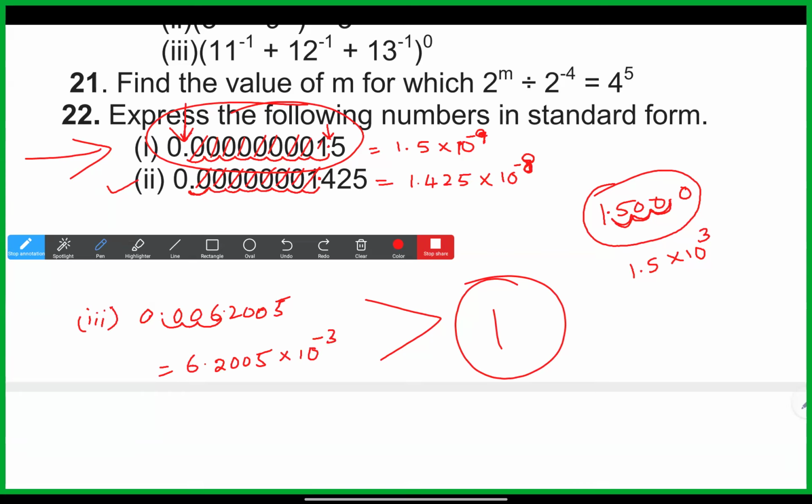Bigger numbers, that is numbers greater than 1, you'll get positive power. 0 point means it is less than 1, no? Yes, that is correct.